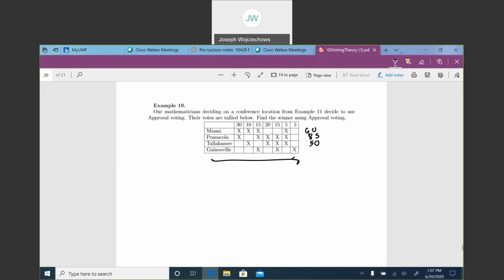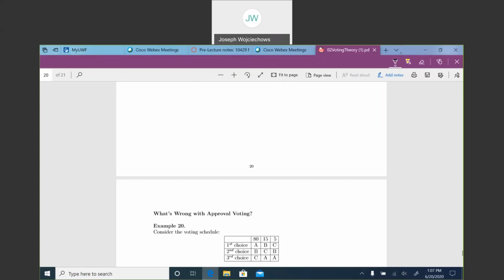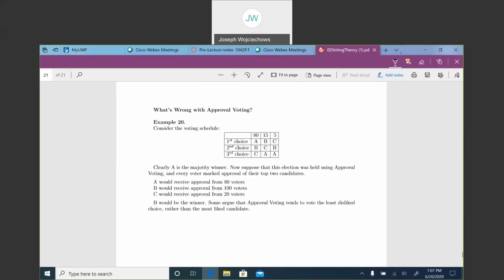And lastly, we have Gainesville, 15 plus 15 plus 5, 35. So it looks again that Pensacola is the winner by approval balloting, or approval voting.